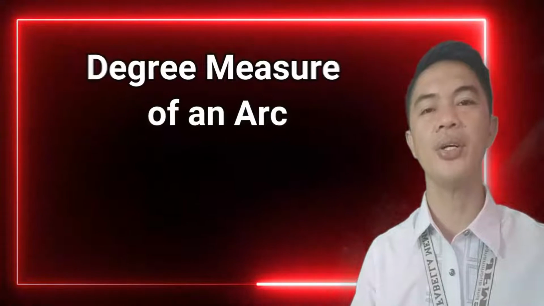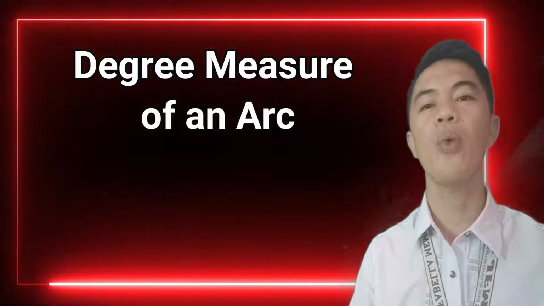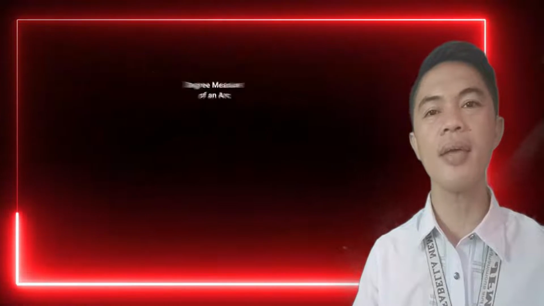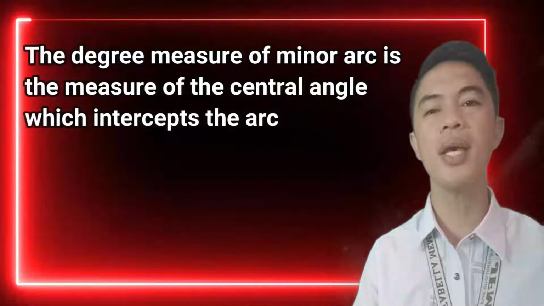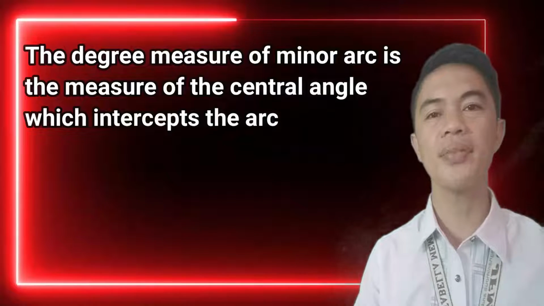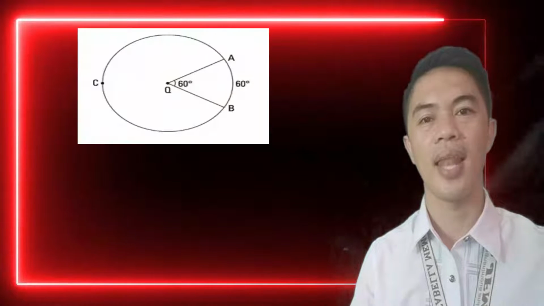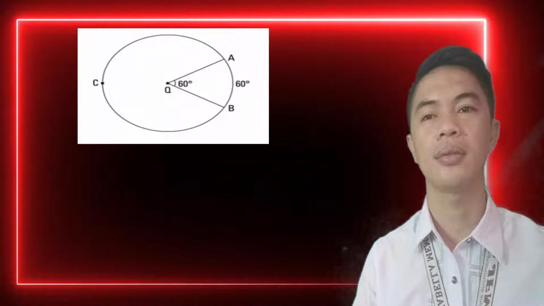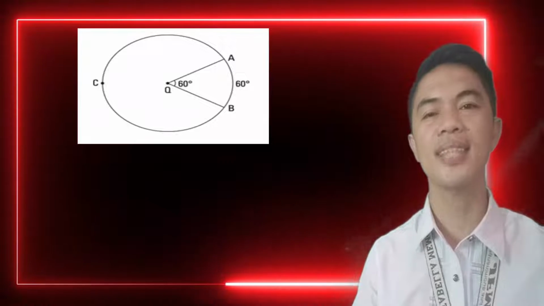Degree measure of an arc. Number 1. The degree measure of a minor arc is the measure of the central angle which intercepts the arc. For example, angle AQB is a central angle.